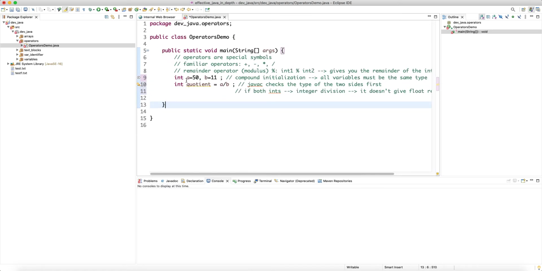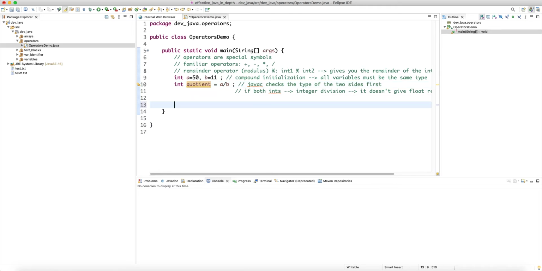What happens here if you have two integers, if you are not careful, and this happens to many people, it also happened to me at some point when I was learning Java, is that when you divide two integers, you end up losing accuracy, right? You don't get a float result because the Java compiler looks at both sides.